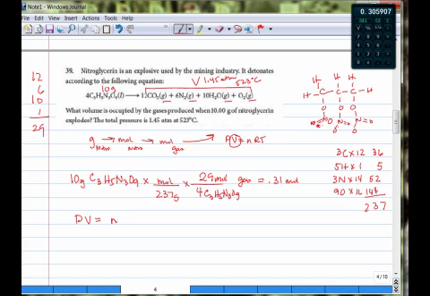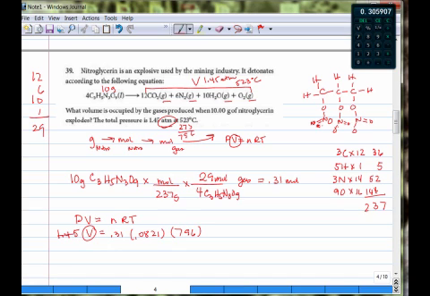PV equals nRT. My P is 145 atmospheres. I'm solving for V. n is 0.31. R is 0.0821 because I am in atmospheres. And T is 796.